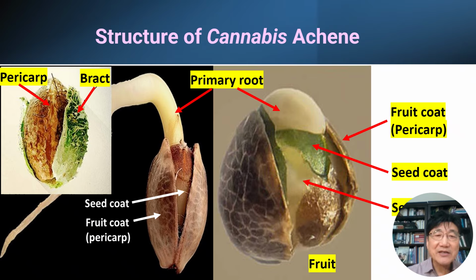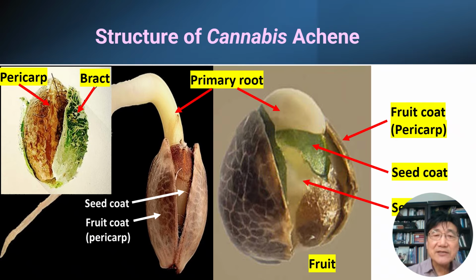The fruit does not split open when ripe, but opens when it germinates. An achene is a type of dry fruit that doesn't split at maturity, and the wall is dry and hard at maturity.